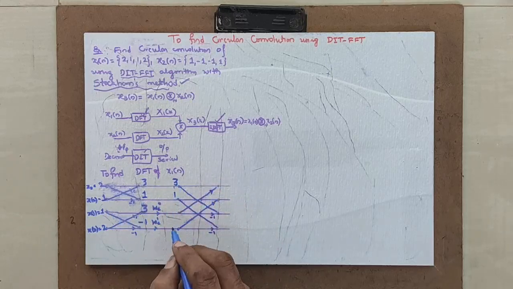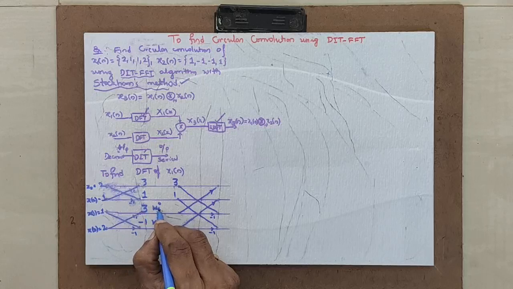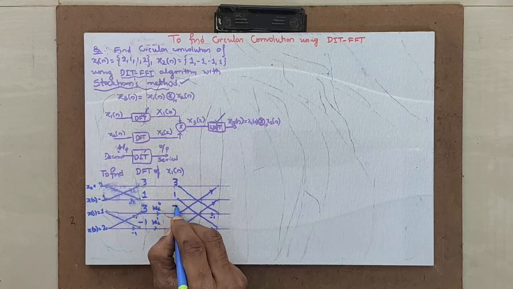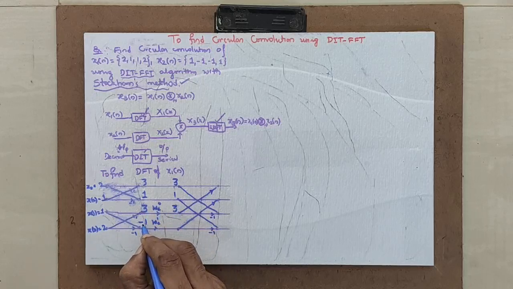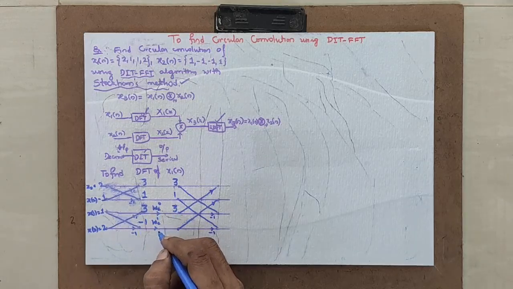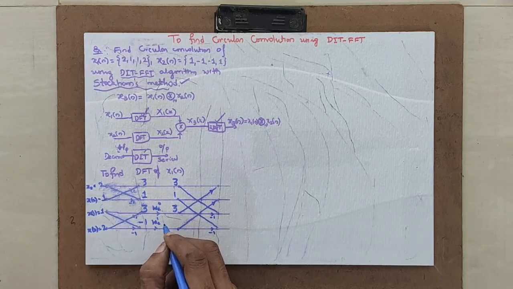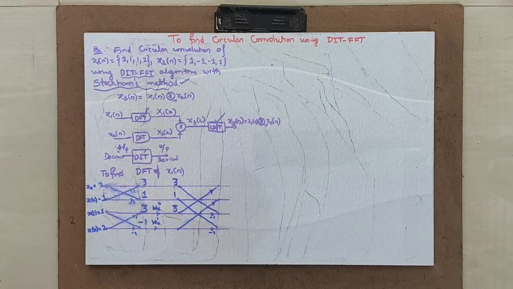After this is transferred further, 3, 1, and then 3 multiplied by W4 0, which is 1, is 3. -1 multiplied by -j; keep in mind that it is -j. Never get confused with the twiddle factor while applying DFT and IDFT.